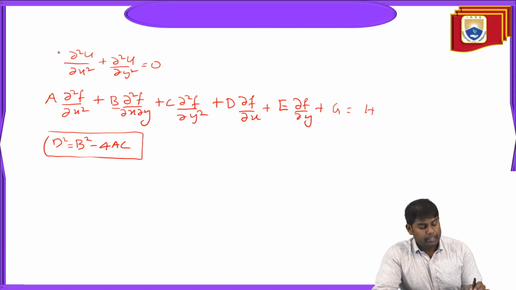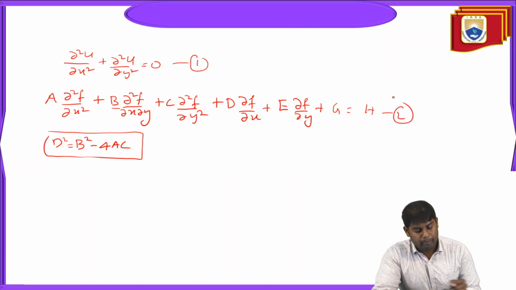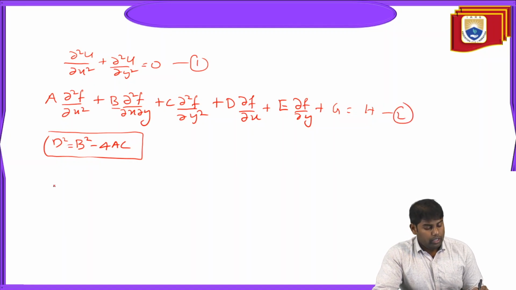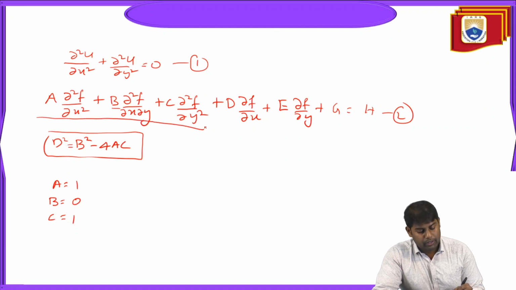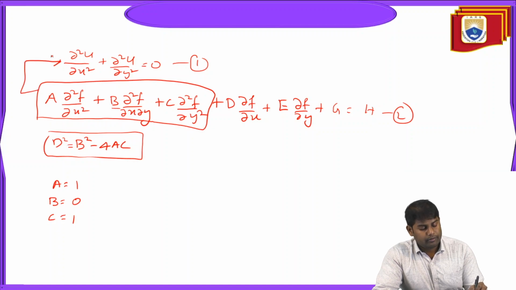So if you compare this, what is the value in the first equation and the second equation? The a value is equal to 1, the b value is equal to 0, and the c value is equal to 1. So here we can relate. You compare this part with this part.